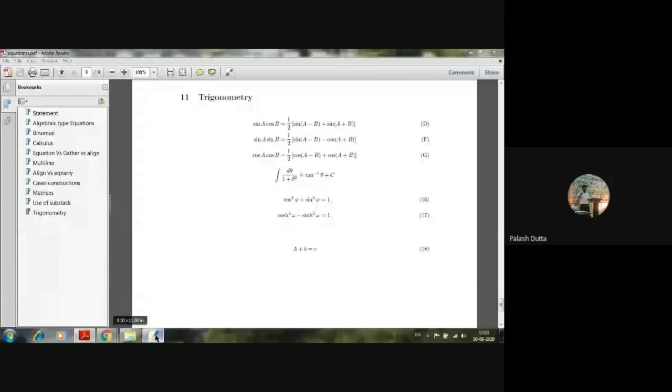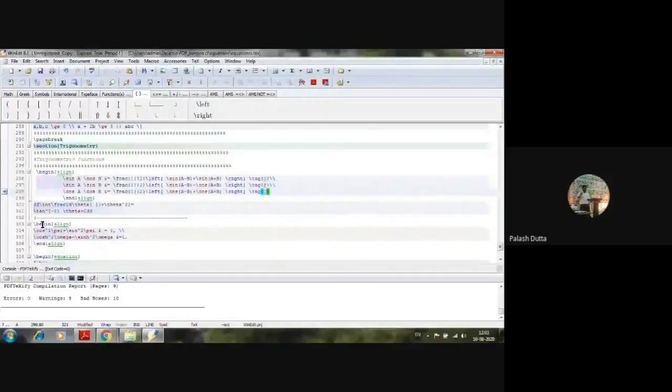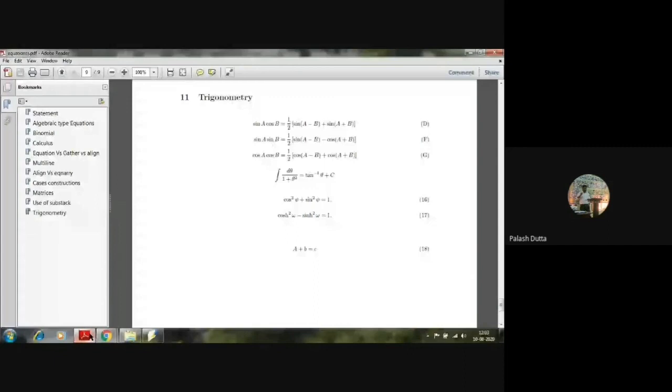With double dollar, the expression occurs in the center. Then \int, \frac{d\theta}{1 plus \theta squared} equals \tan^{-1}\theta plus c. In a similar way we can write these expressions.